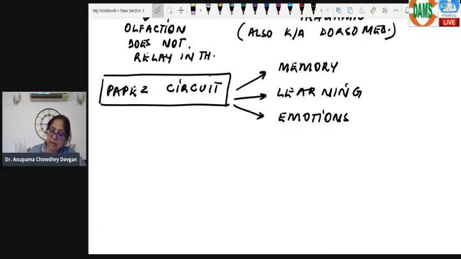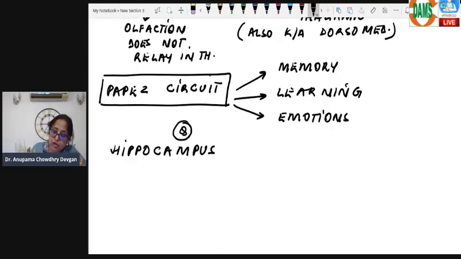Now, the Papez circuit starts from the hippocampus. Hippocampus, please remember, is involved in the conversion of short-term to long-term memory. This is such an important part.